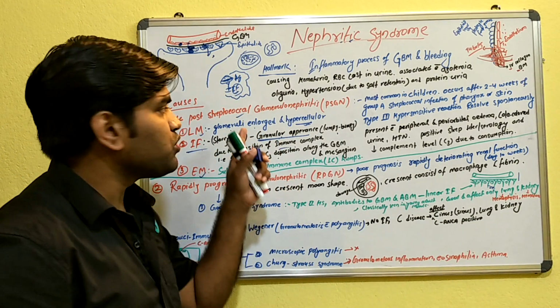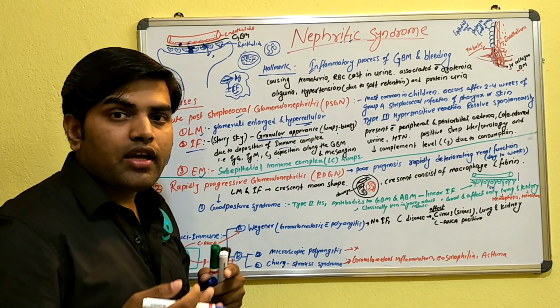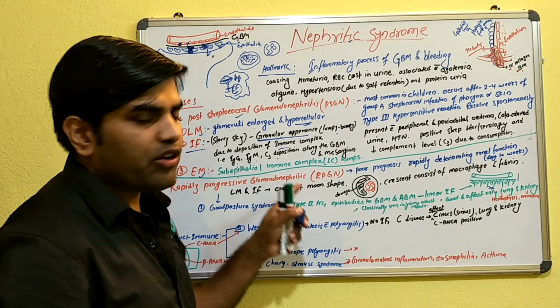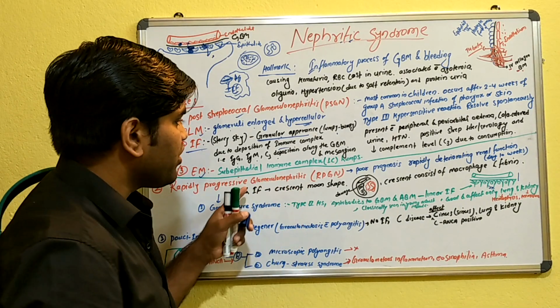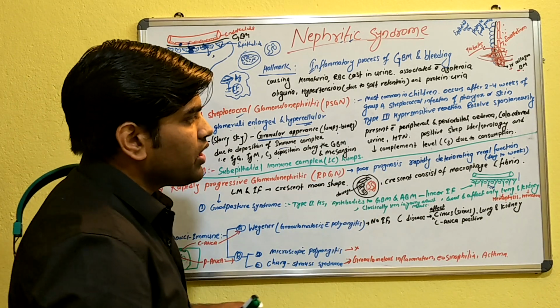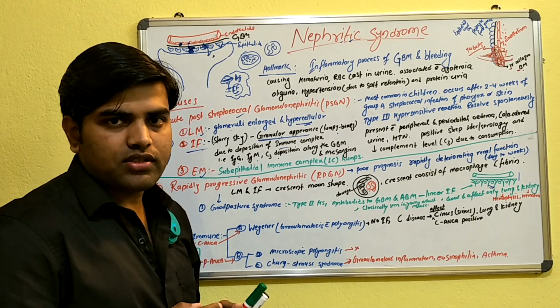If it does not resolve, then in 5% of cases it will progress to rapidly progressive glomerulonephritis. If it progresses to RPGN, the prognosis is very poor, with rapidly deteriorating renal function, leading to loss of renal function within a few days.